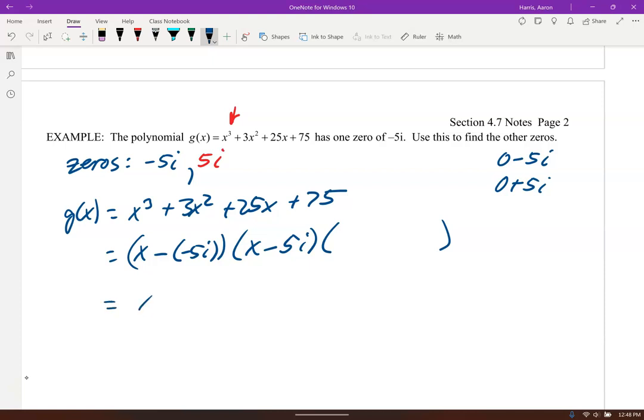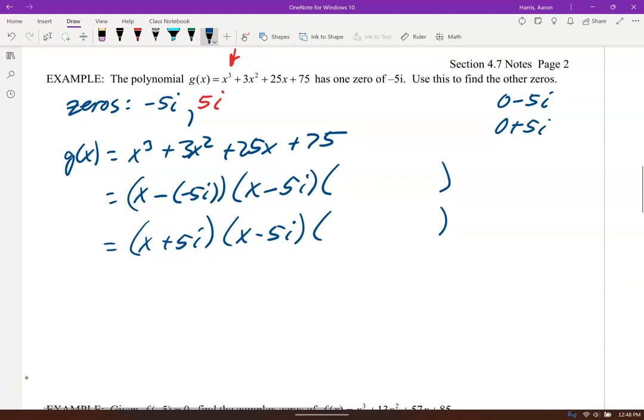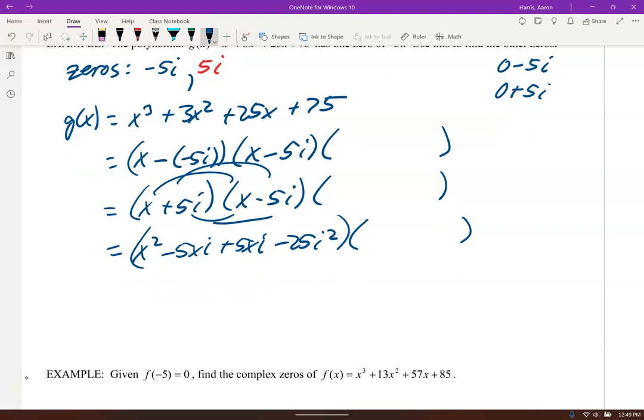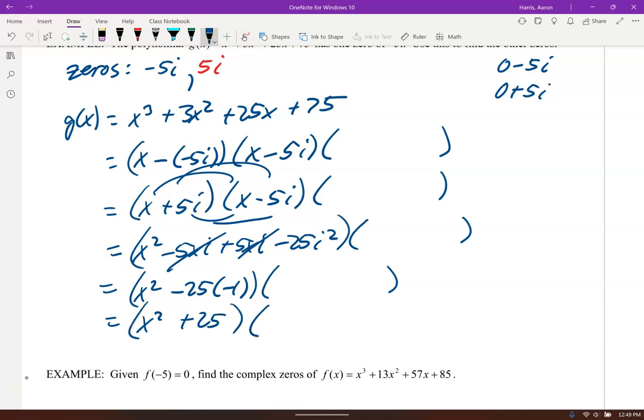Well, this is helpful because we have x plus 5i and x minus 5i, we just don't know the third one. I'm going to multiply these two, and I get x squared minus 5xi plus 5xi minus 25i squared. Again, we don't know the third one there. But those cancel, and so I have x squared minus 25 times negative 1, since i squared is negative 1. So x squared plus 25.